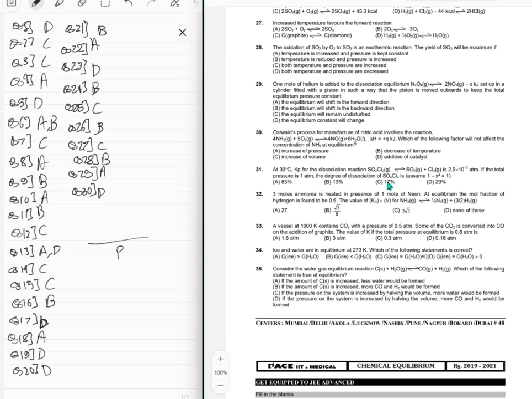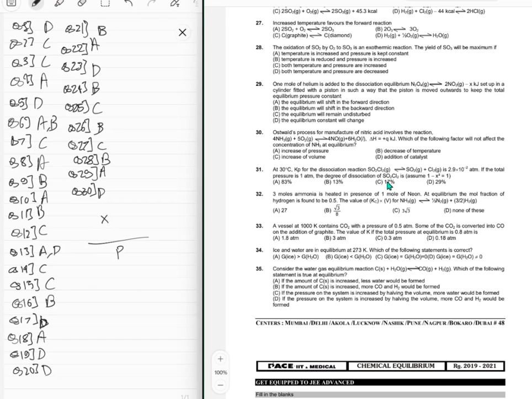It's almost all of the pressure itself, and for SO2 the mole fraction is, what do I say, it's not 2x, it's just x over 1 because it didn't change much.